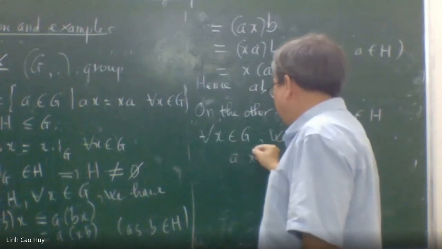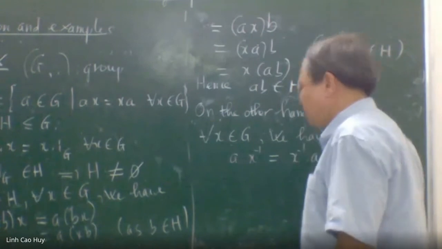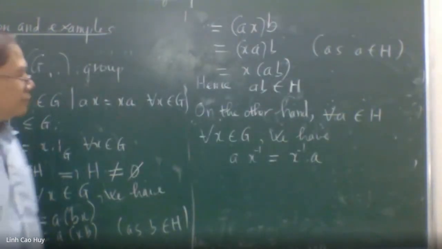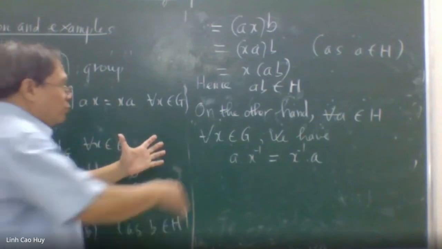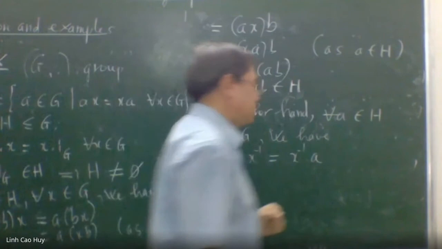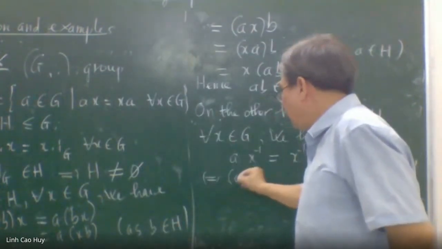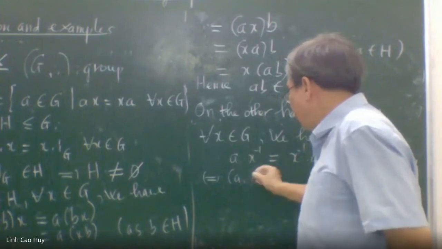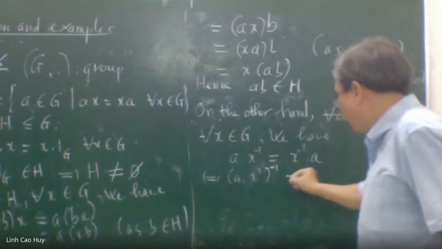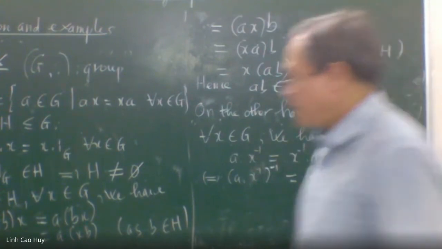A times X minus 1 equals X minus 1 times A. Now, we take the inverse of both sides. That means A X minus 1 equals X minus 1 times A minus 1.